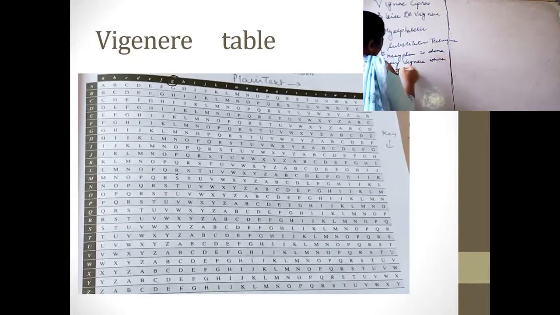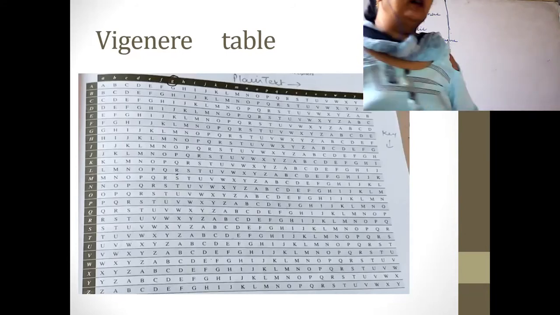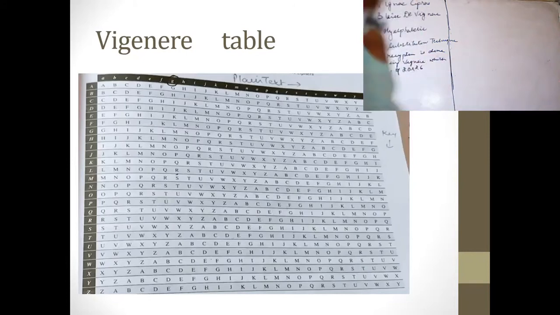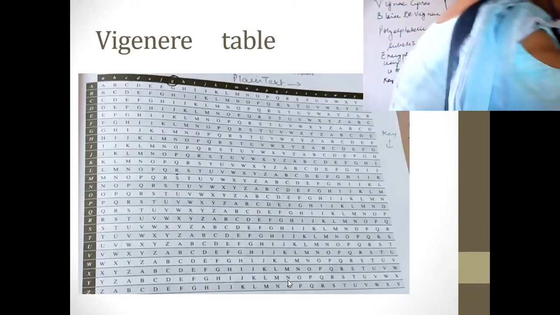The Vigenère table is in front of you on your screen. You can see the matrix is in the form of 26 and 26. Capital alphabets, which are given on the left hand side, are keys. Capital alphabet A, B, C, D, E. These are your keys. And A, B, C, D, this is your plain text which will be matching. Fine, I'll tell you how to match it.